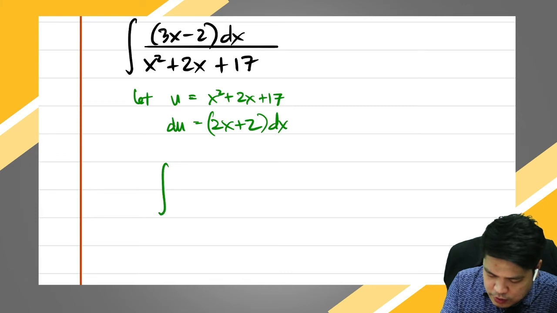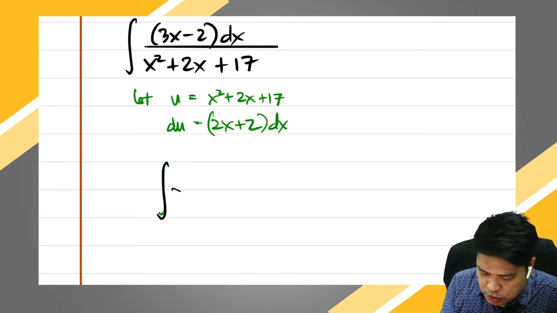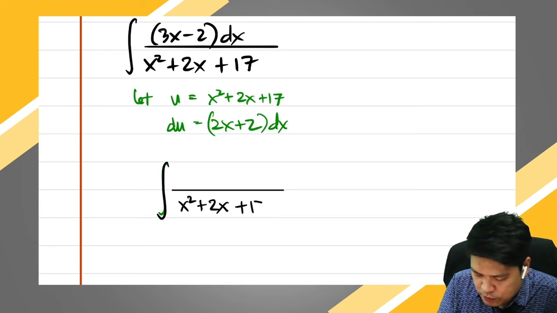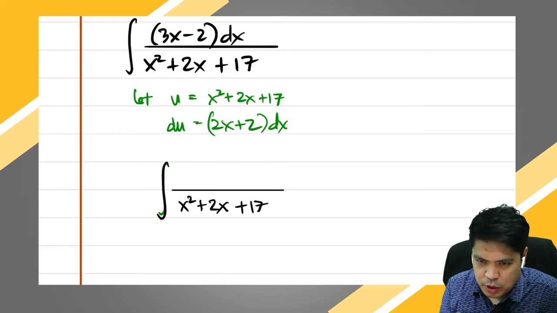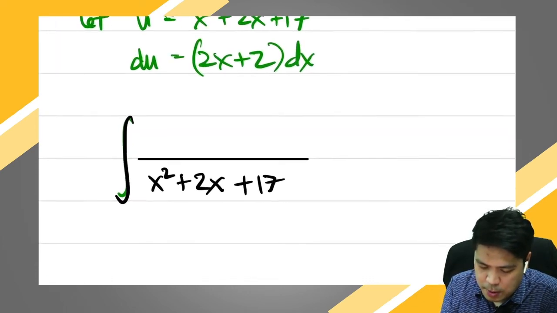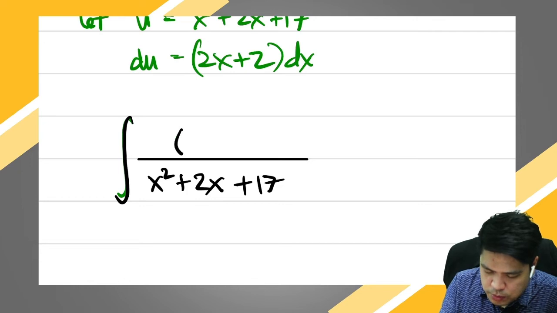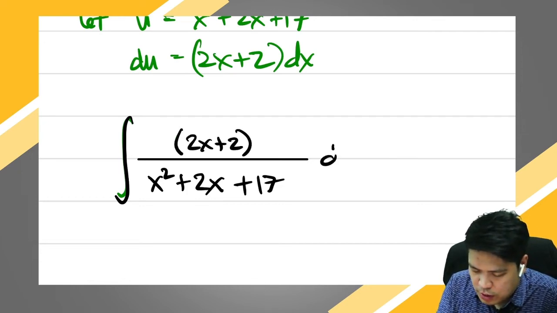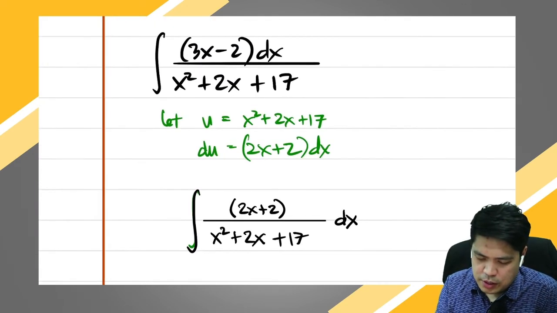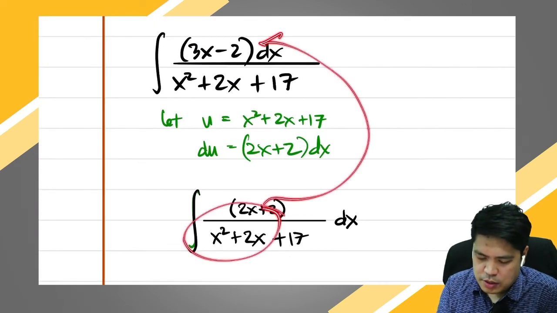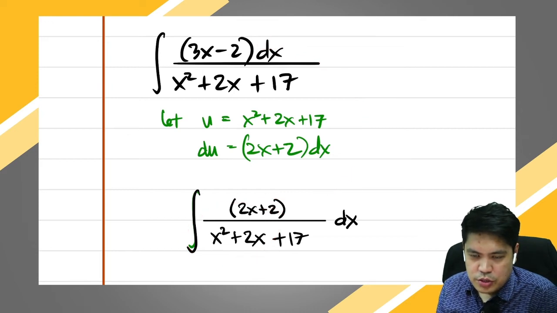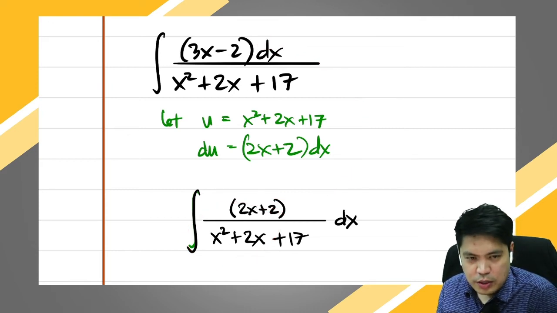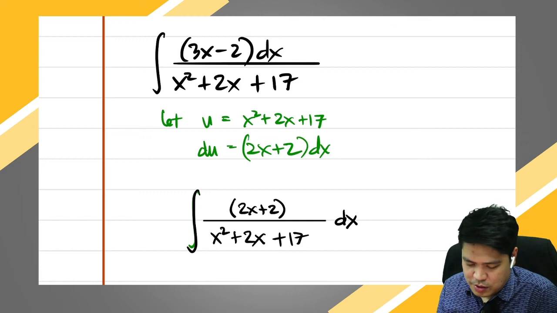So, to do that, if our denominator is x squared plus 2x plus 17, pero i-manipulate ulit din natin yung denominator mamaya. Its numerator should be 2x plus 2 dx. But this is not the same as this. So, gawin natin the same. Let's make it the same.